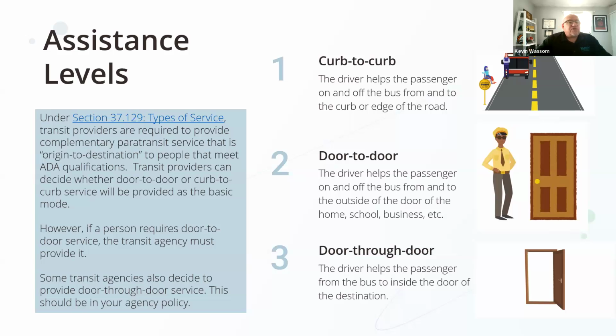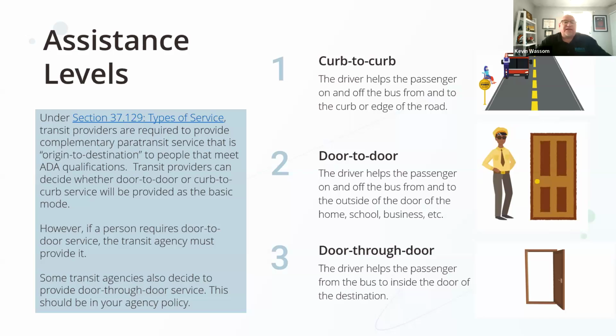It provides that transit providers are required to provide complementary paratransit service that is origin to destination, and that's in subsection A of the requirement, to people that meet ADA qualifications. The transit provider can decide whether door-to-door service or curb-to-curb service would be more appropriate based on the circumstance. If the person does require door-to-door service, then the agency must provide it.